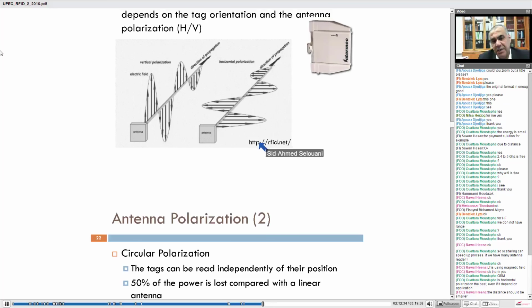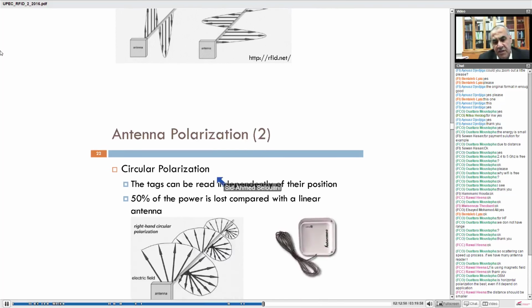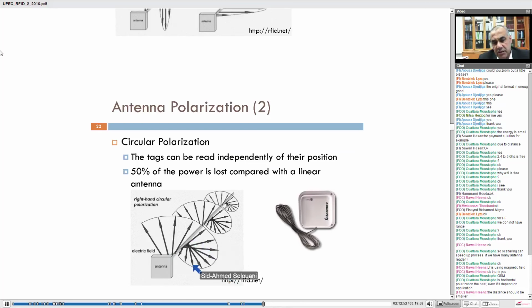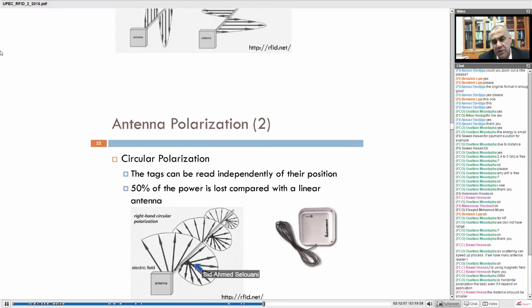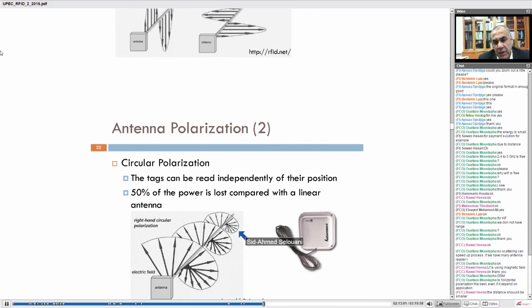With this polarization, you can go far. You can have a long read distance, because you focus your energy. You do not lose your energy. You are very directive, so your energy is very focused, in the same direction.